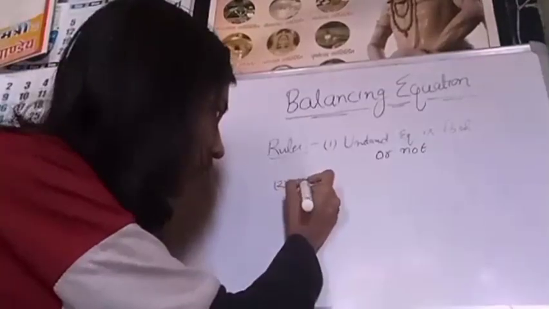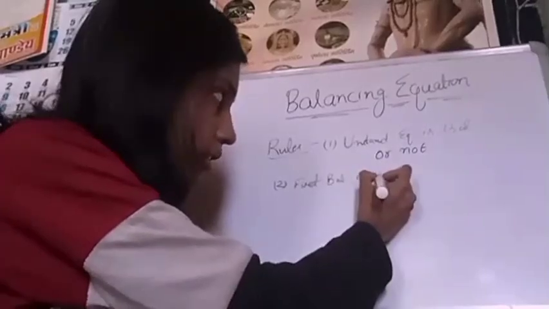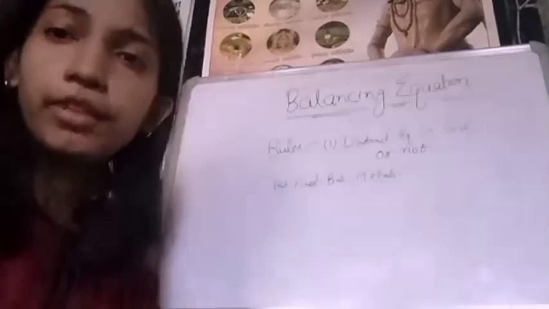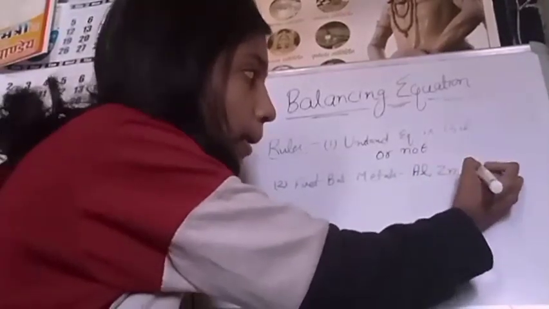Second rule, first balance metals, like aluminium, zinc, copper, gold.